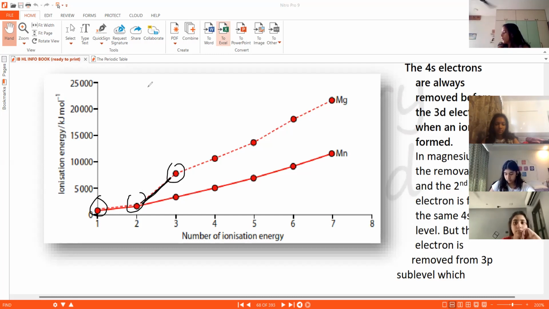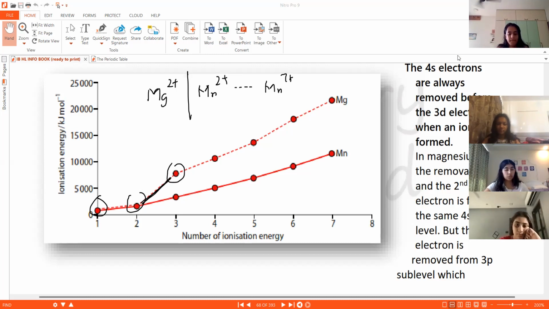So magnesium will show only Mg2+, but manganese can show 2+ up to 7+. That's the reason for the transition metals showing variable valency. Any questions, anyone? No, sir.